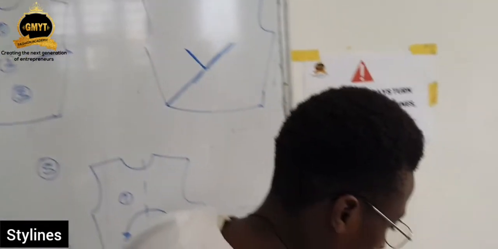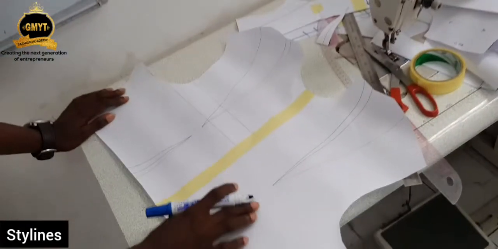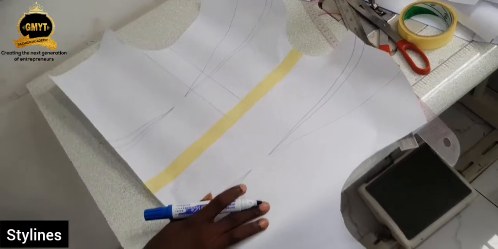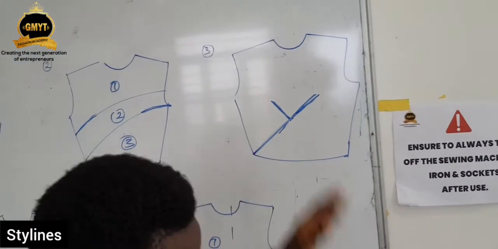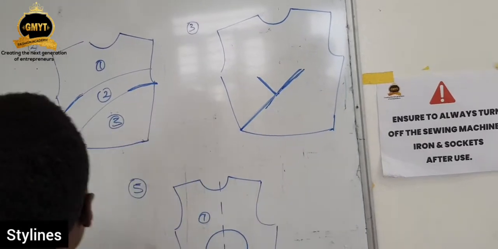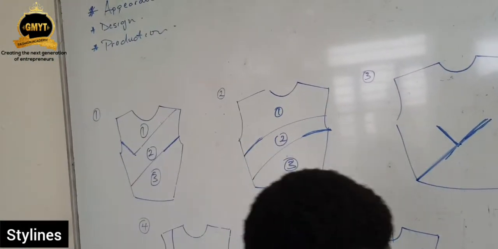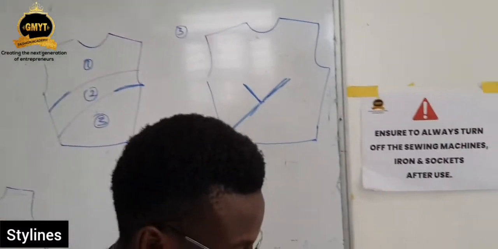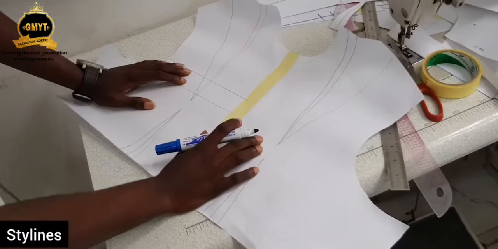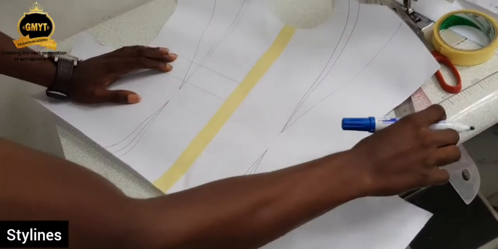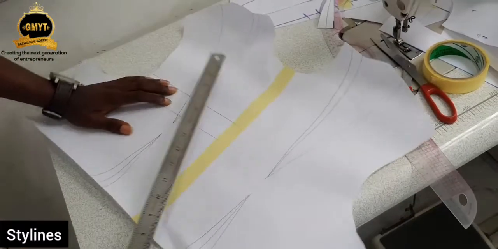So now, this could be a little tricky because we have the style line going over your darts, just like the way we have it on the first example I did. So now, for us to transfer this dart, let's create our style lines.